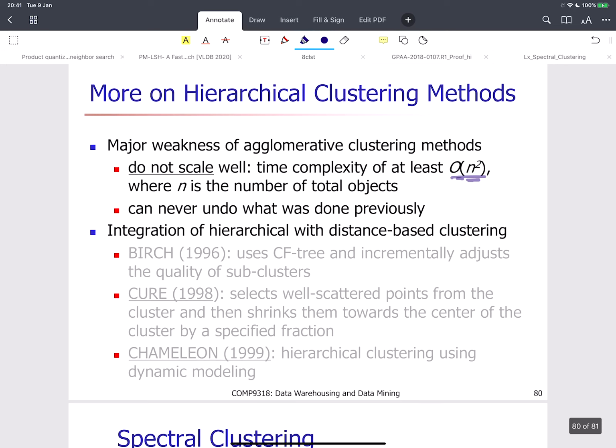So typically we only use this for a small amount of data, because first of all we can afford that, and also the result can be visualized much better.